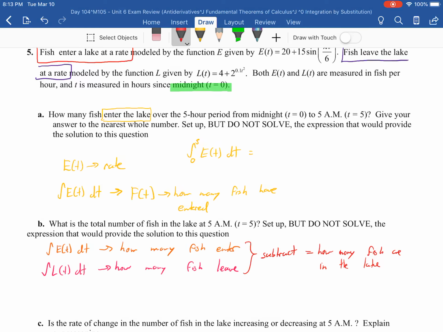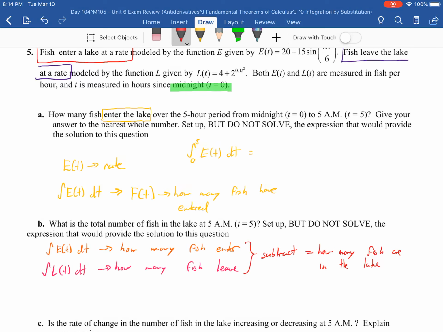Right? So for example, let's say you knew that 5 fish entered the lake. But then at the same time, you knew 3 fish left. Well, simple math tells us that there should be 2 fish left in the lake. So it's the same principle here, right? You're taking how many fish enter the lake and you're subtracting how many fish leave.